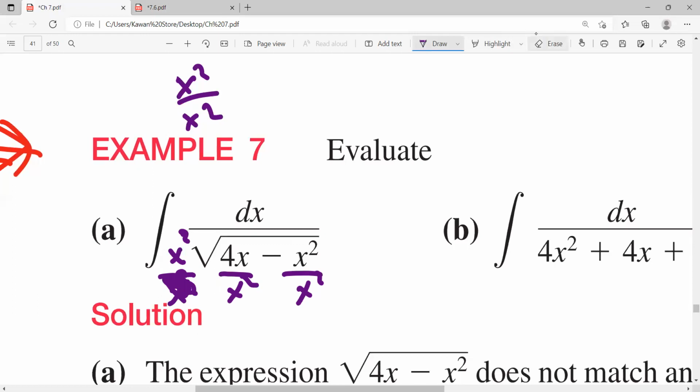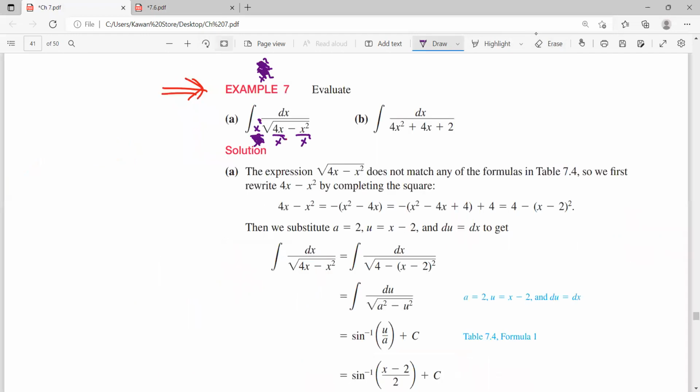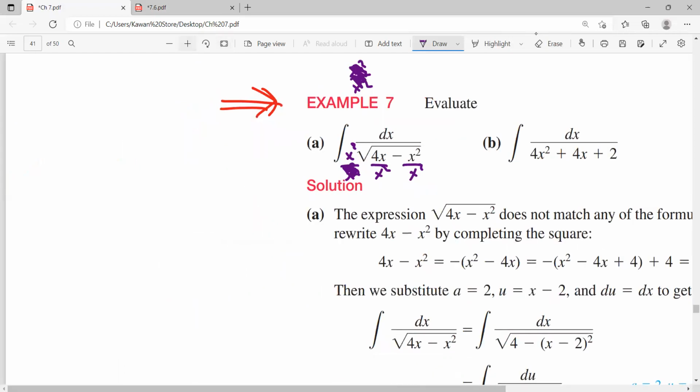Factor. Okay, that's a good idea, but it's not satisfied. Wait, just be patient.